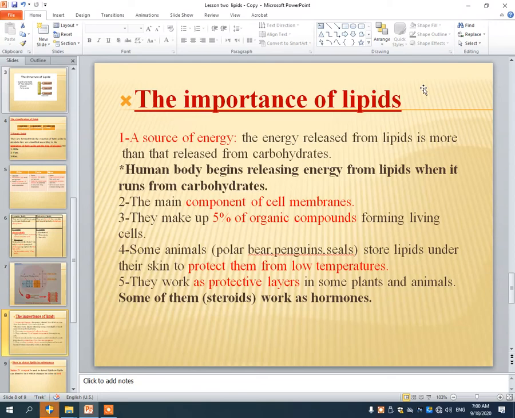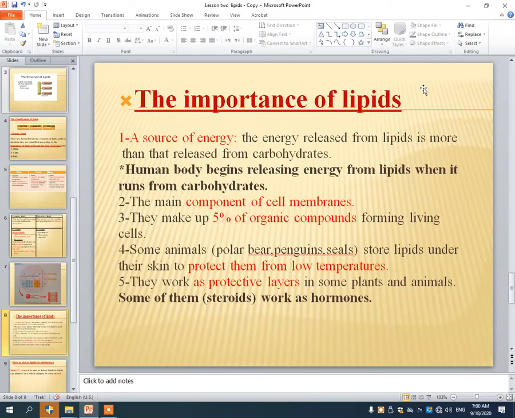Like if we have 100 grams of carbohydrates and 100 grams of lipids, the 100 grams of lipids produce more energy than the 100 grams of carbohydrates, and our body begins to release energy from lipids when it runs out of carbohydrates, when there are no carbohydrates inside our bodies. So our body starts to burn the lipids stored in the body to get energy.